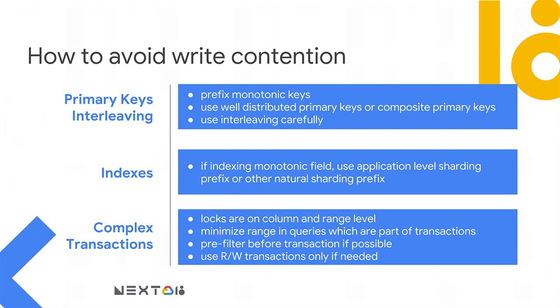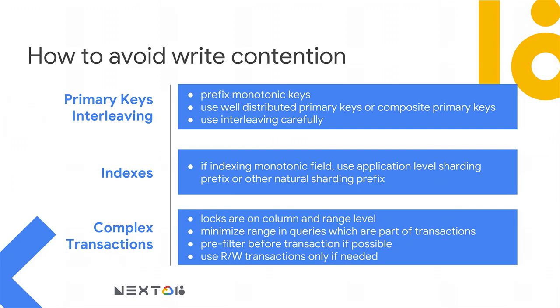So if you always add to one split, you basically exhaust the compute resources on that split. So the recommendation: use well-distributed primary keys or composite primary keys if you can. Also, look at reordering your table if you see that that can help in getting your compound primary key more distributed.